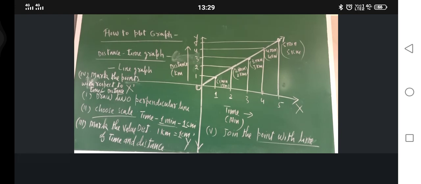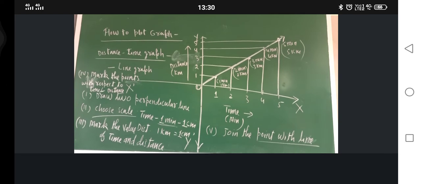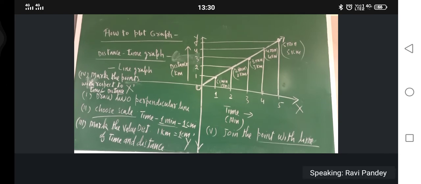So the difference between highest and lowest value should be kept in mind. Second, intermediate value should also be kept in mind while choosing the scale, and graph should be plotted in such a way that the maximum space of graph paper is covered. In this way this chapter is completely completed.